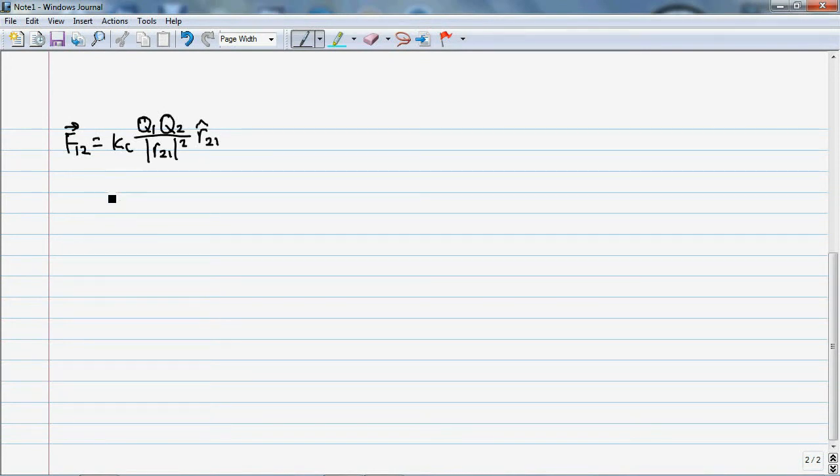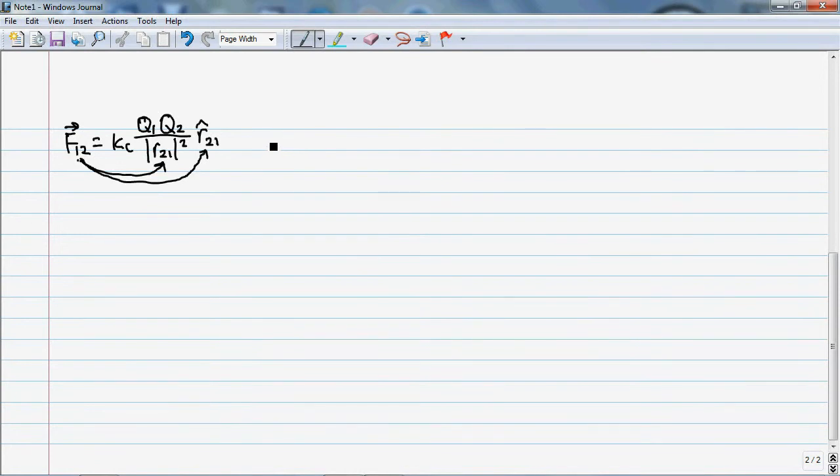Now notice the subscripts. I have force 1, 2, but notice the subscripts for the vector r. It's opposite.